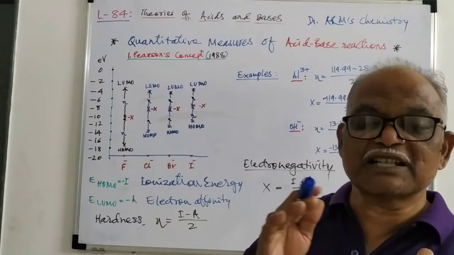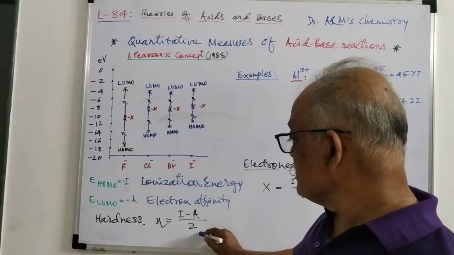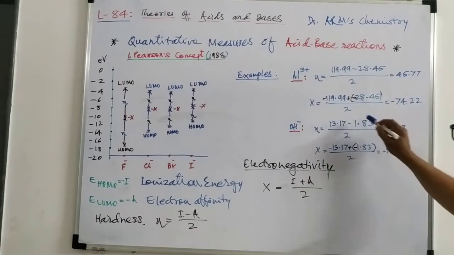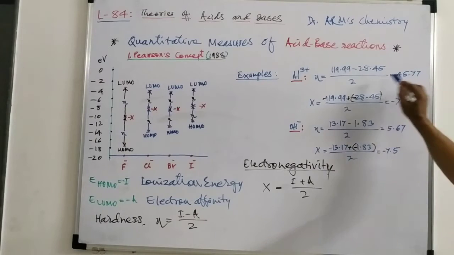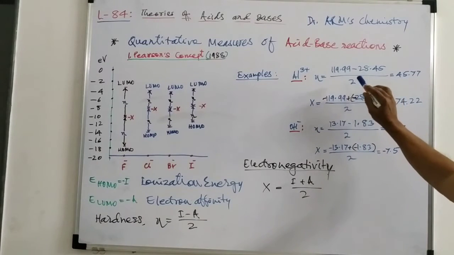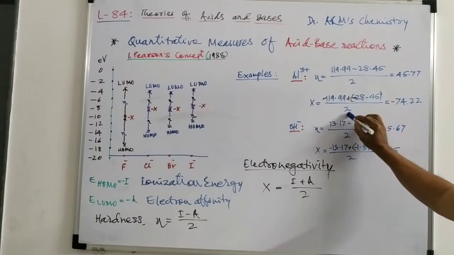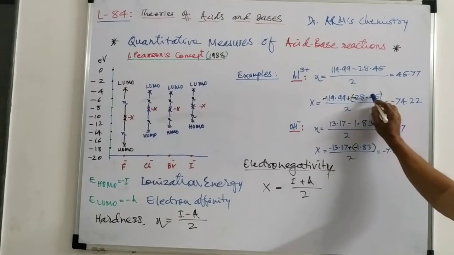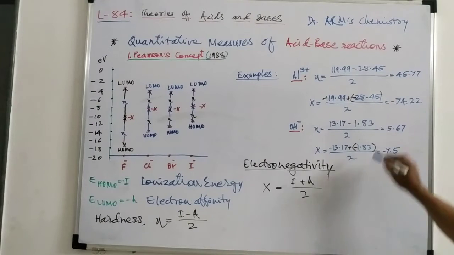We are taking just the difference of I and A, and that is why the values of eta do not carry any sign. X is half the sum of I and A; since I and A are negative, the sum is negative and half of the sum is also negative.